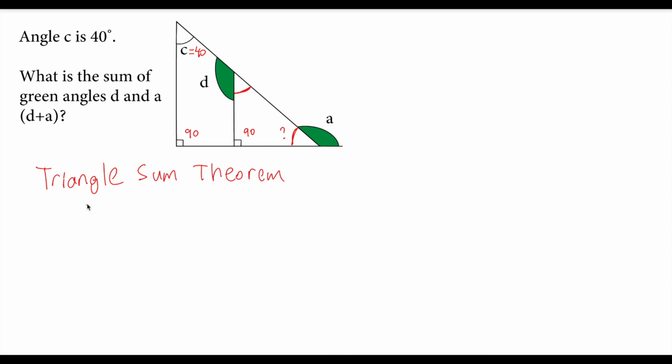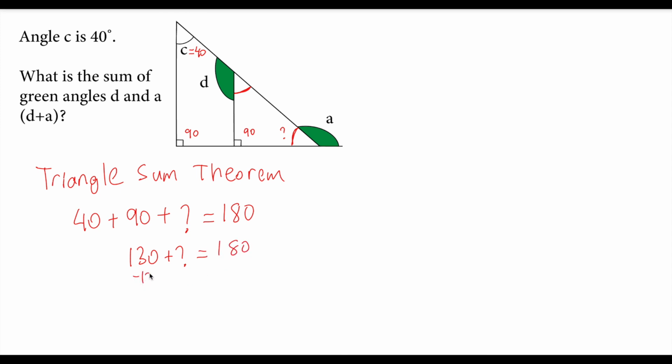So it states that the interior angles, basically 40 plus 90 plus question mark, must be equal to 180. So 130 plus question mark equals 180.